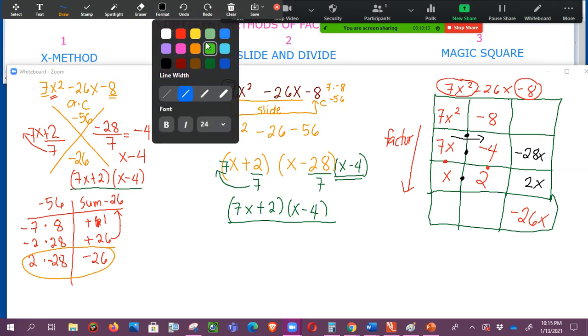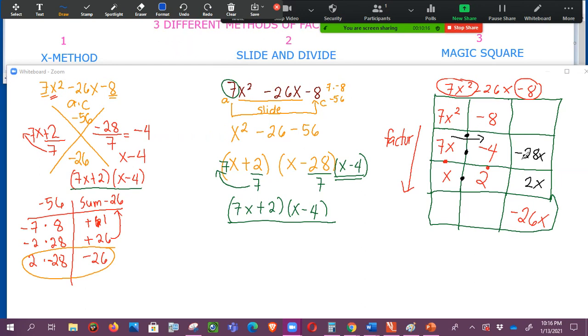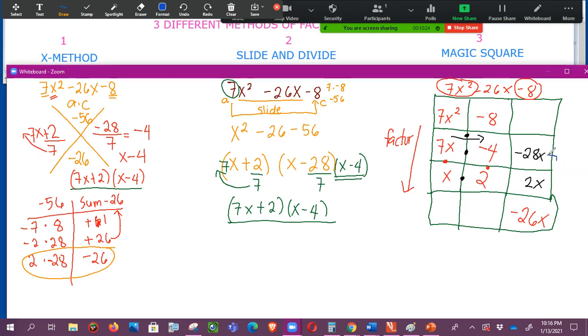Afterwards, you need to check if your determinant matches the answer of your factored numbers. So what is negative 28x plus 2x? Is it negative 26x? If this is correct, your factors are correct.